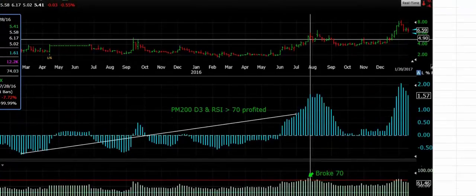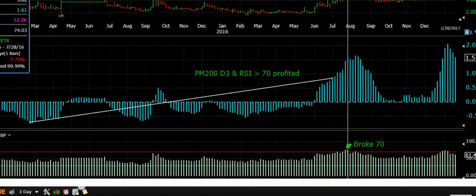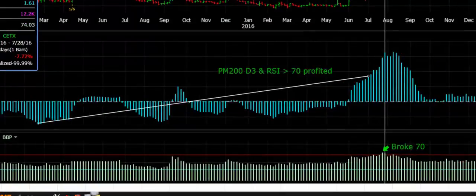I'll blow this up. Okay, I'm making it real obvious now. Where that arrow is pointing is the first day that the RSI broke above the red line, which is at 70, which is our requirement, and simultaneously the MACD bar was exceeded.